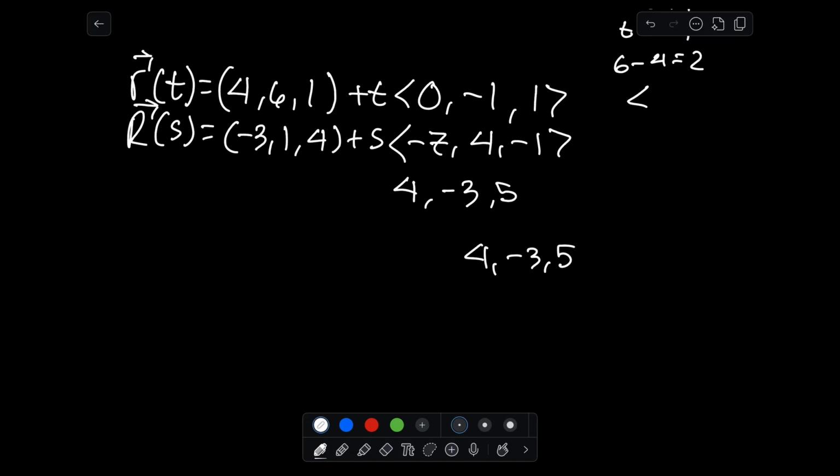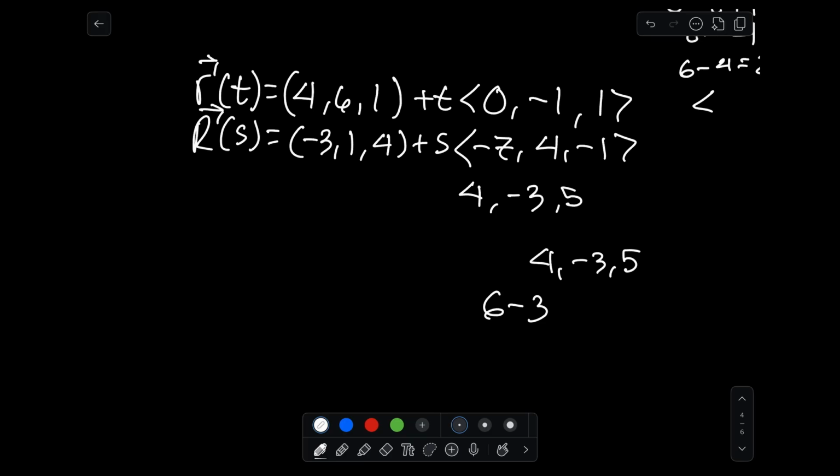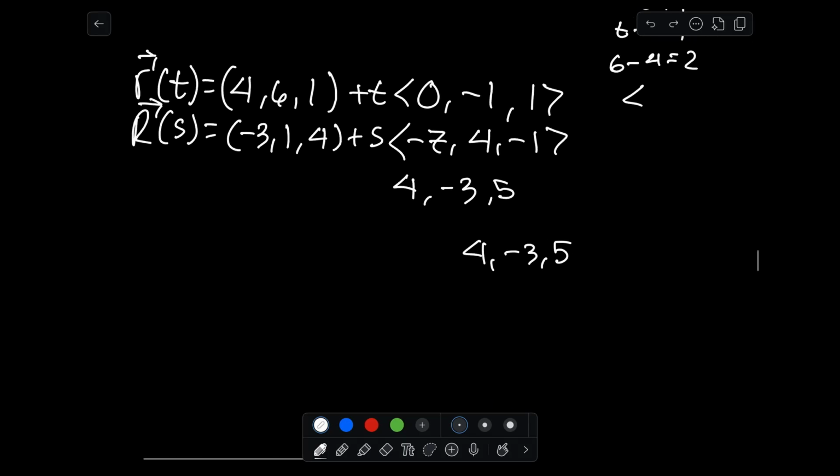We can see what value of t gets us negative 3, right? t equals 3 would be that value, because it would be 6 minus 3, so that'd be 3, and it'd be 1 minus 3, excuse me, we get negative 2.